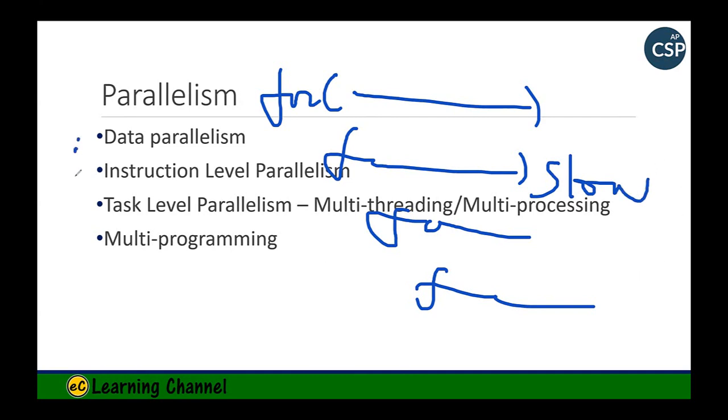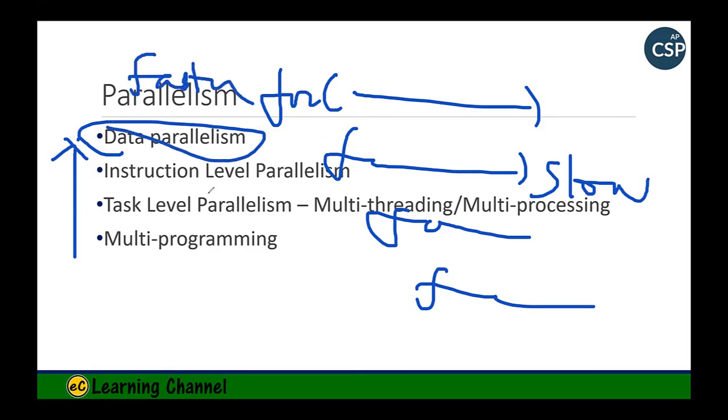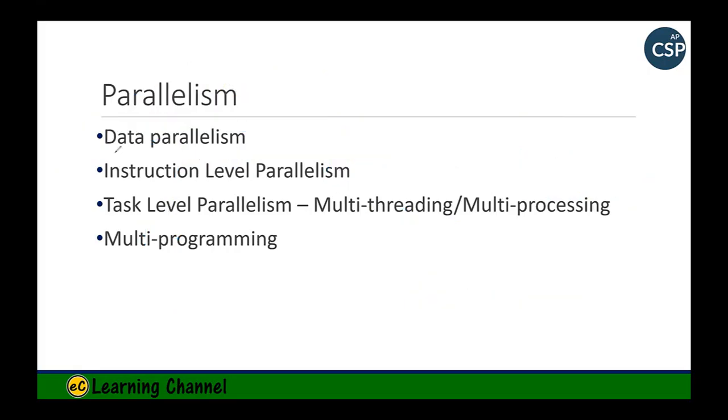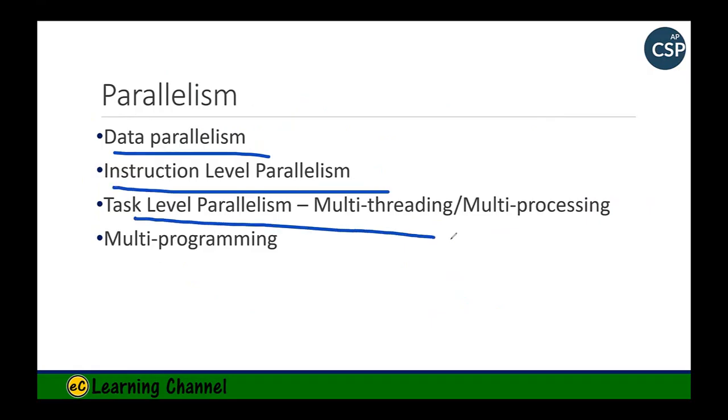So basically, if you can use more data parallelism, it will be faster. With a bigger program, multi-parallel program, it will be slower. But you can look at different levels of parallelism: data level parallelism, instruction level parallelism, task level parallelism, and multi-programming.